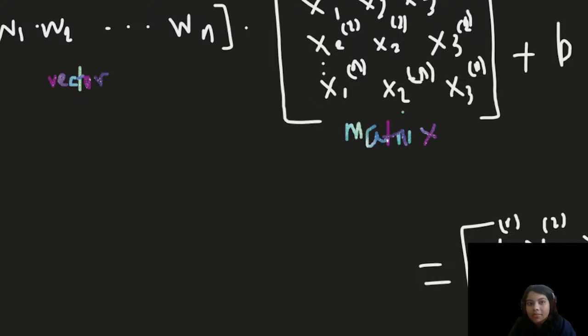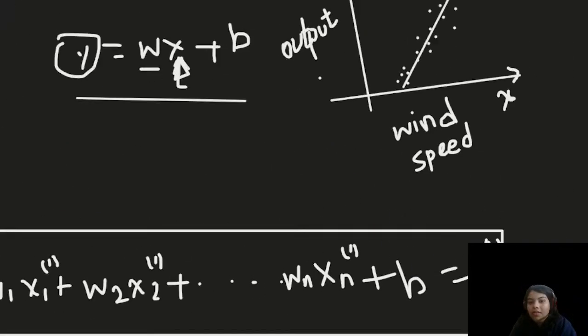There would be no subscript. So the output would also be a vector, because we are multiplying a vector, then adding a bias value to it. It is the resulting output vector.